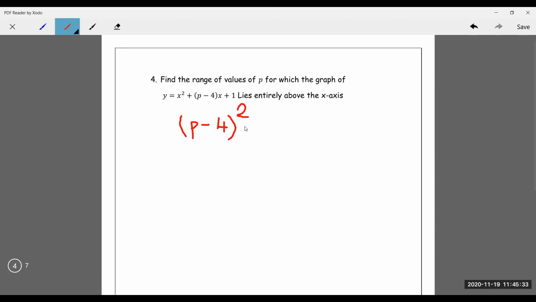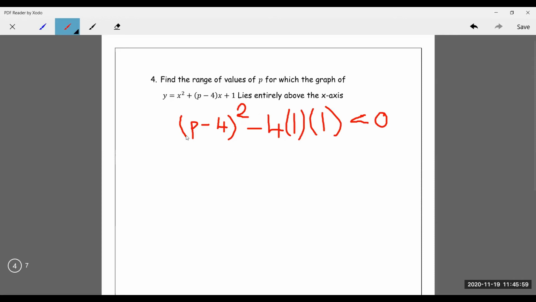So we have (P minus 4) squared minus 4 times A, which is 1, times C, which is also 1. When that is less than 0, then we know the curve is going to lie completely above the x-axis.